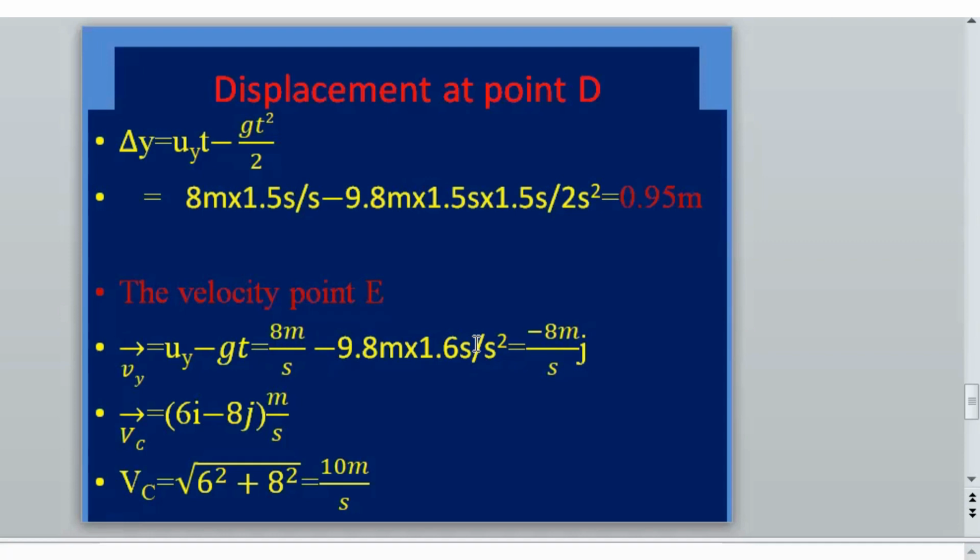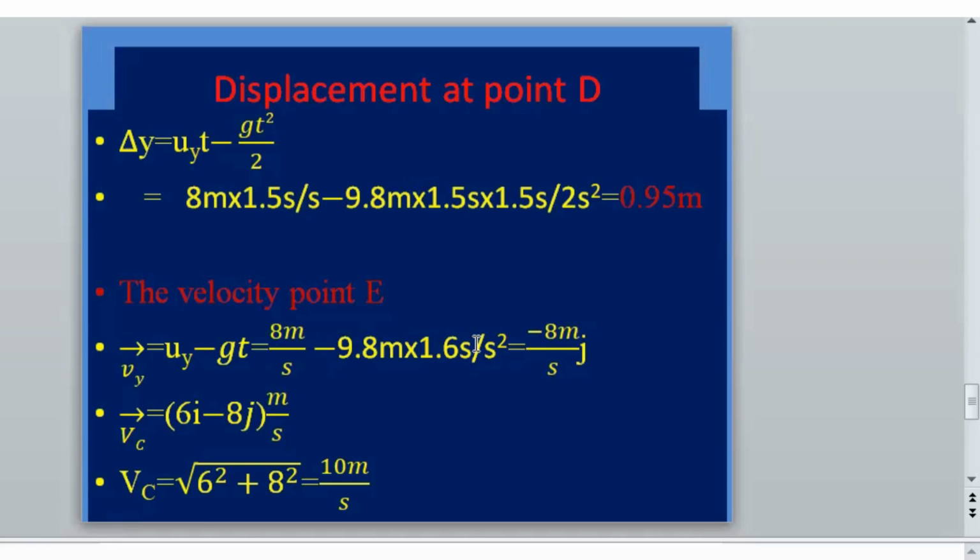The initial velocity was 8 meters per second, and when it comes back to its starting point it is minus 8 meters per second. So you can find, without calculation, the vertical component of the velocity when it comes back to its starting point. The velocity equals 6i minus 8j meters per second.